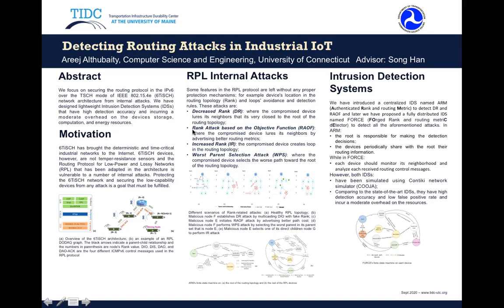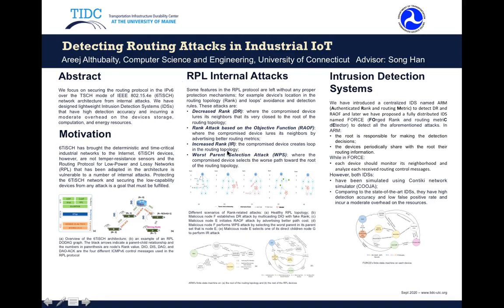The second attack is the rank attack based on the objective function. It is similar to the decreased rank attack, but the compromised device sends a DIO with a better path, or better routing metric, toward the root.